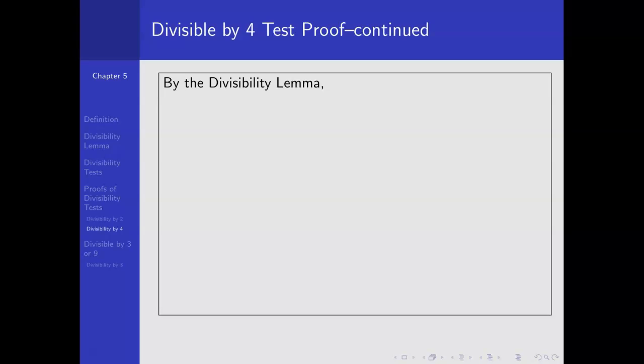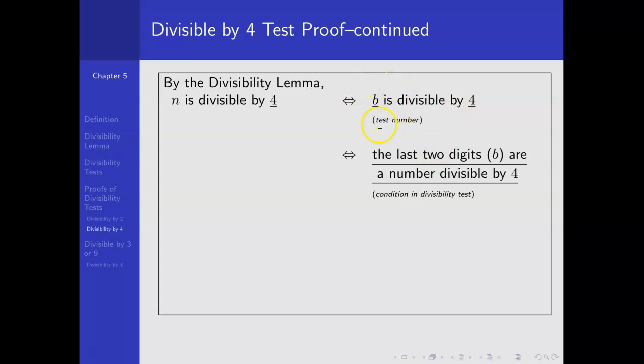Continuing with the divisibility lemma, we're just applying it now. Our number n is divisible by 4, 4 in this case because we're looking at the divisible by 4 test. That is true if and only if our test number, b, is divisible by 4. And this is what the divisibility lemma does for us. It allows us to go from the larger number down to looking only at a smaller number. And our criteria here for b is that the last 2 digits are a number divisible by 4.